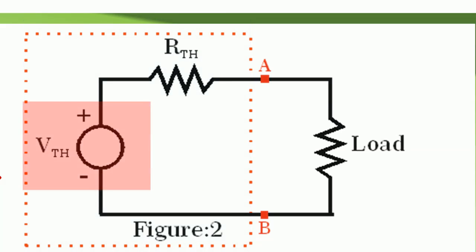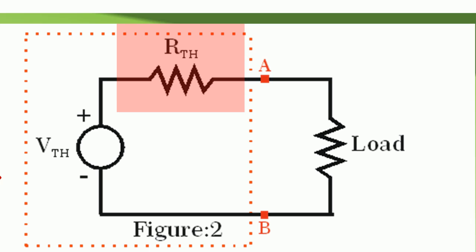The voltage source obtained using Thevenin's theorem is called Thevenin's voltage source and is denoted by V Thevenin. Similarly, the series impedance or resistance obtained using Thevenin's theorem is called Thevenin's impedance or resistance, as the case may be, depending on whether the network is AC or DC.